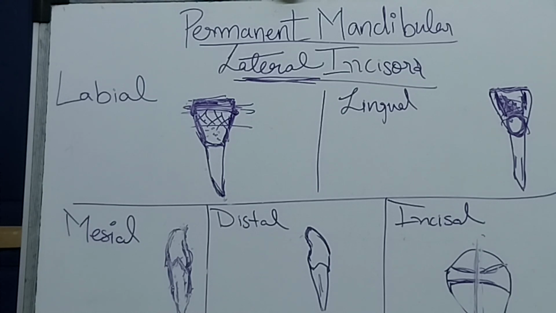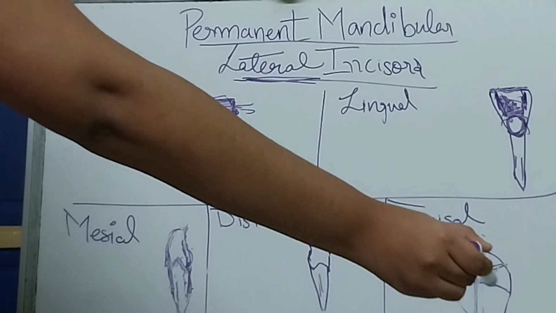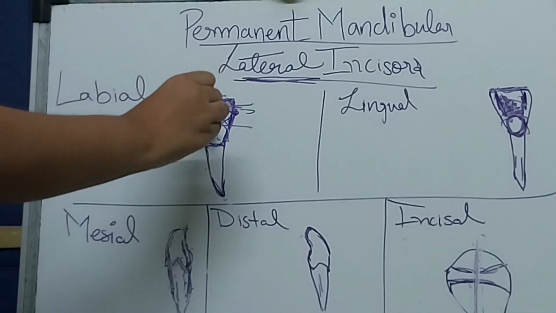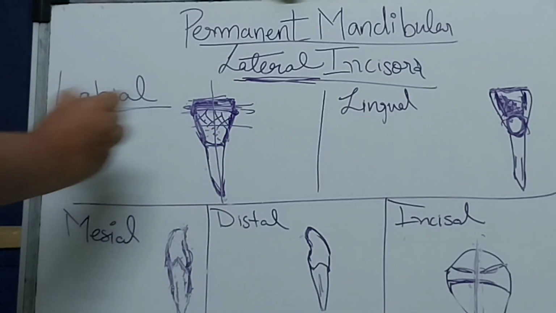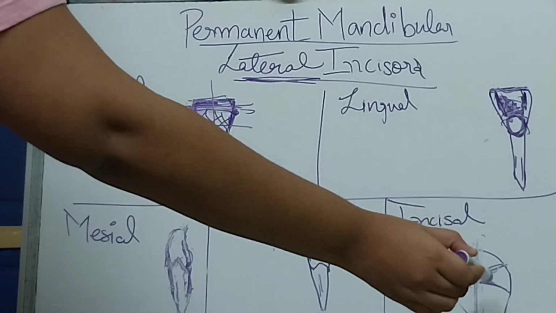But the labiolingual root axis of the mandibular central and lateral incisor remain almost parallel. The root axis, you can only see from the labial or lingual aspects, not from the incisal; from there it will only be a point.